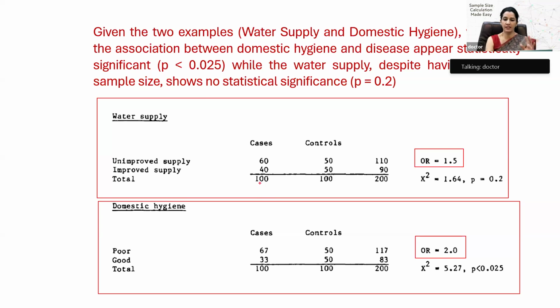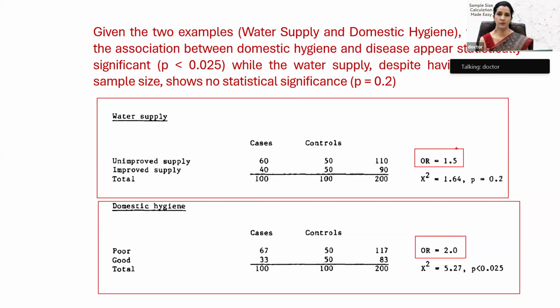So we'll see this concept, but just remember that if there is a difference of only 0.5, in the context of 1.5 and 2, then the sample size requirement will be 3 times. And if the sample size is less, although the odds ratio is 1.5 here, it will not be significant. You will see this often in case control studies.